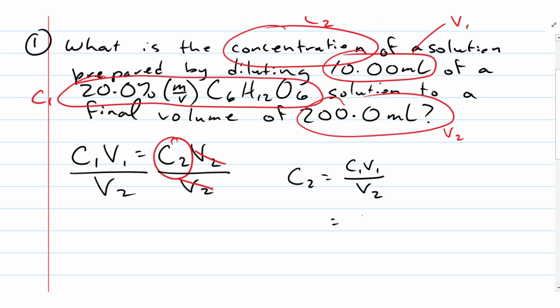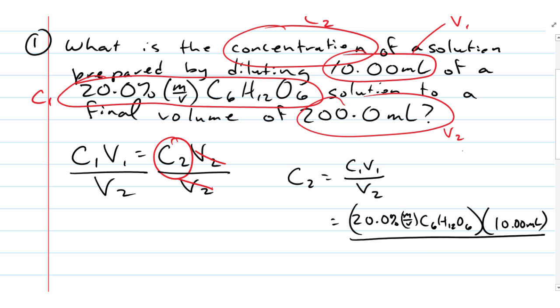C1 is 20.0% mass over volume, glucose, multiplied by V1, which is 10.00 milliliters, and then divided by V2, which we said is 200.0 milliliters.